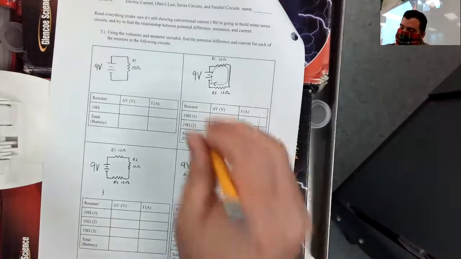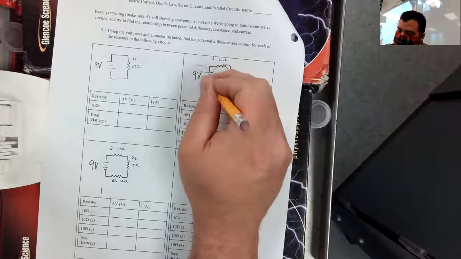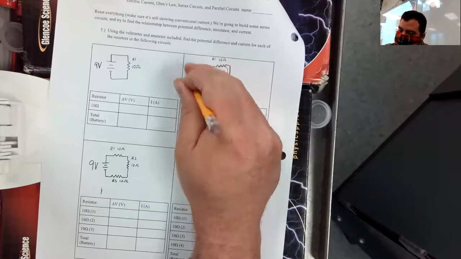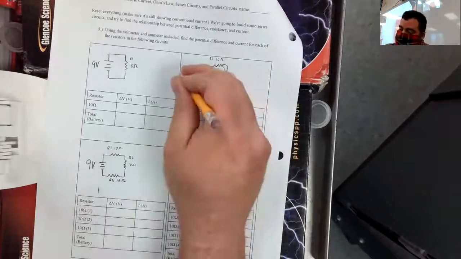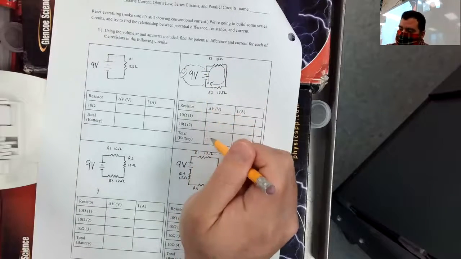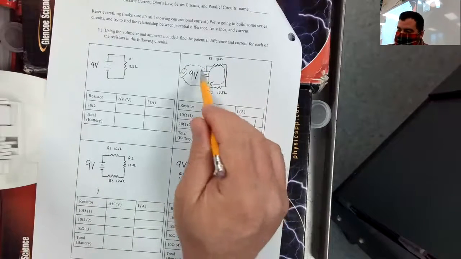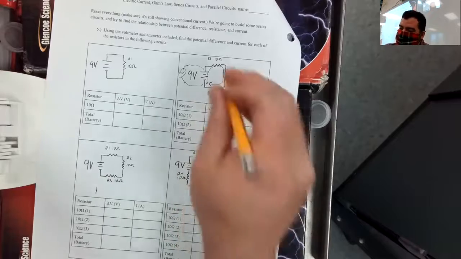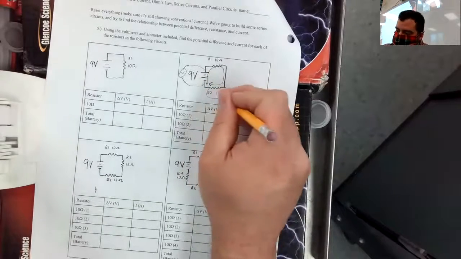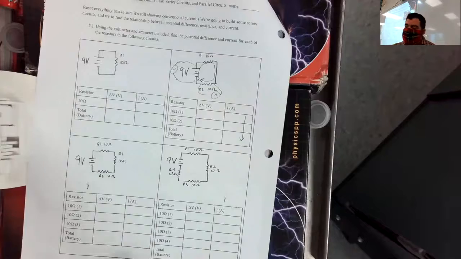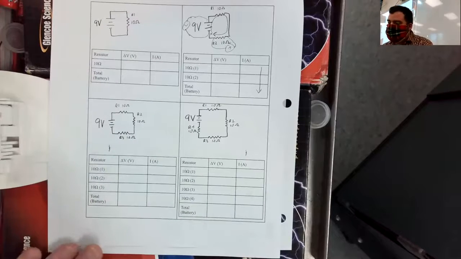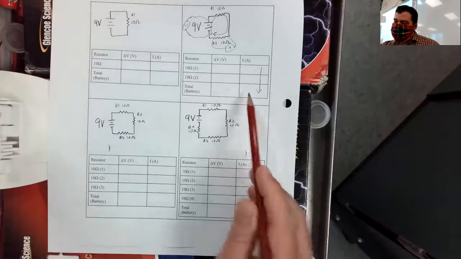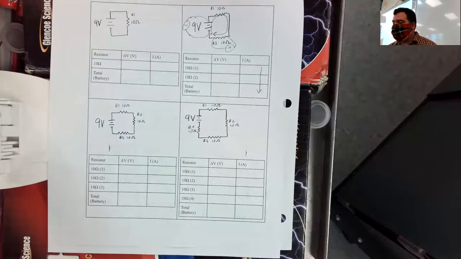Potential difference, basically just touch the 2 leads of a voltmeter across whatever it's asking you to measure. So for the total, you always touch across the battery. And then for each individual resistor, you just touch across each one. So ultimately, what I would like to see is how this current is related to total resistance.